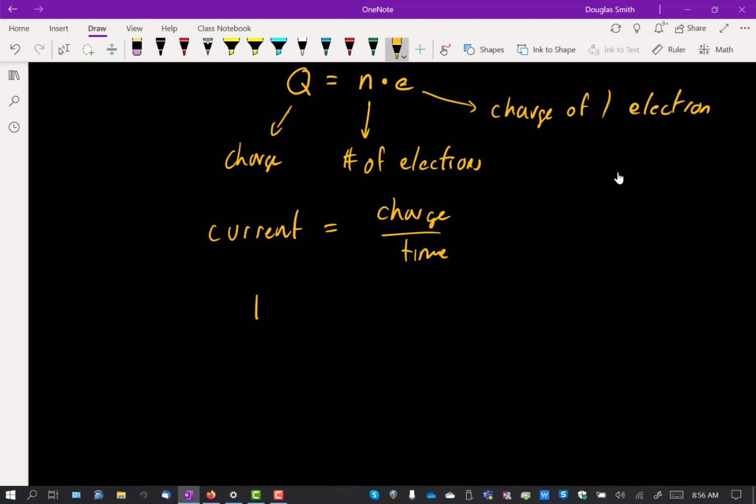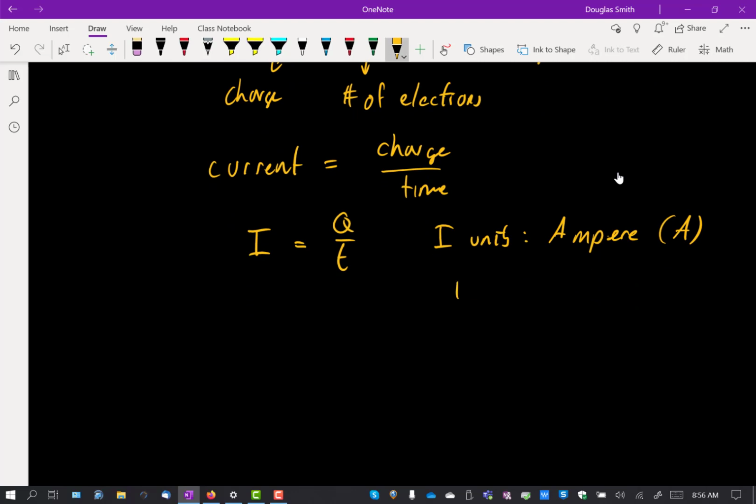And we can use symbols for that. The symbol for current is I, capital I, charge is Q, and time is T. The unit is an ampere, and that's a capital A. So 1 A equals 1 coulomb per 1 second.